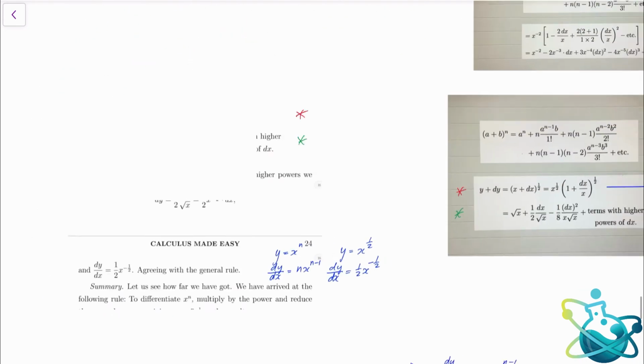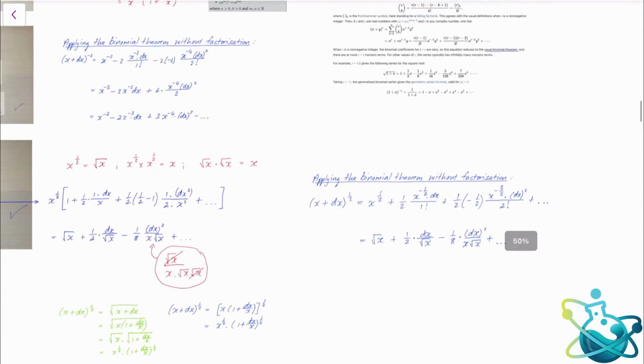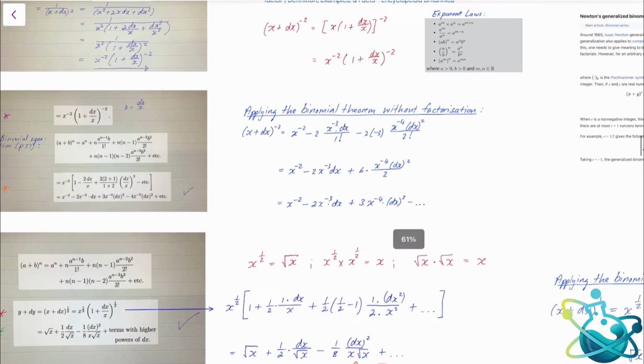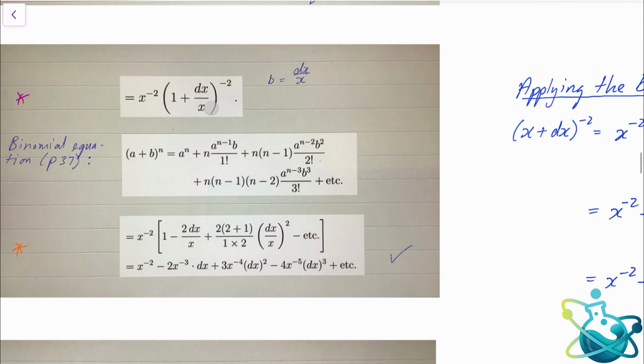Let me see if I left out anything here. I think I mentioned all I wanted to tell you guys. Yeah, again here, I don't know if I mentioned it, but if you apply the binomial theorem directly, it wasn't necessary to factorize like this, this factorization that was brought in here.